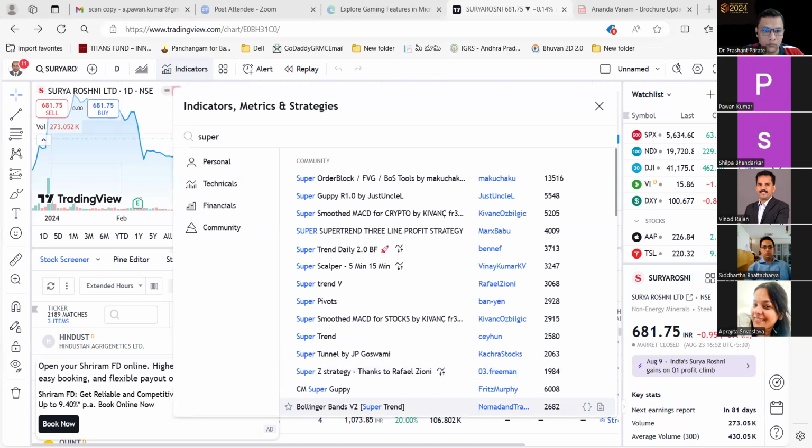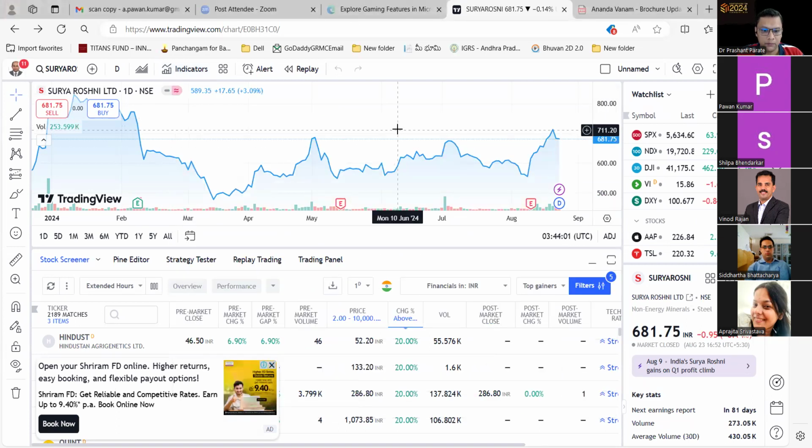So I will allow share. Just a minute. Okay. So you can share your screen now. Fine. So here you're not getting that. Just a minute. I will share the exact name of the indicator.